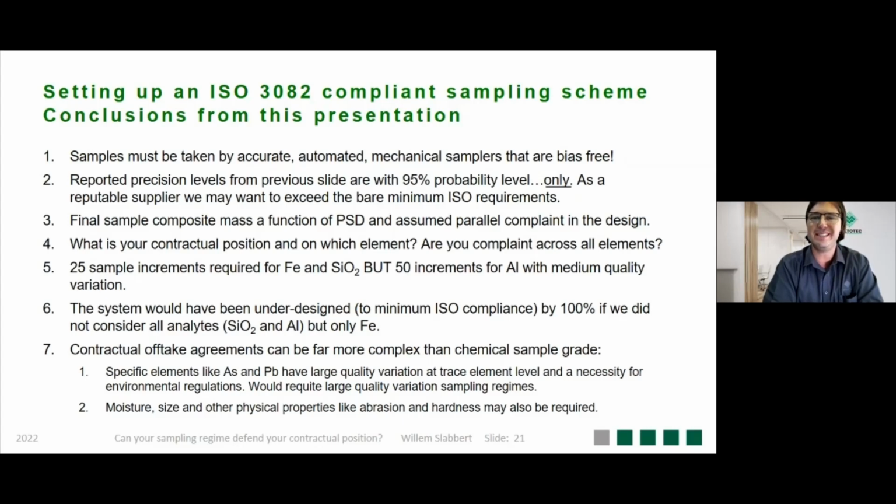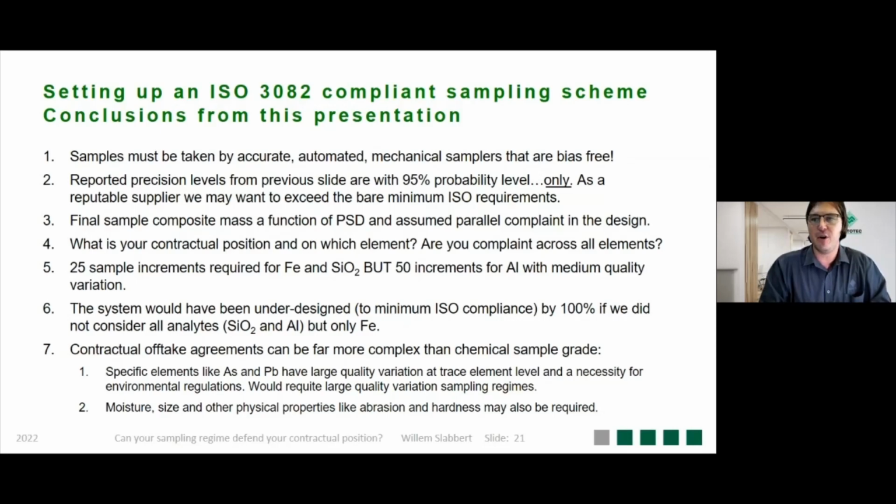Our sampling system and laboratory would have been under-designed by 100%, given that we have to increase our number of primary sample increments from 25 to 50 if we also want to sample aluminum at medium quality variation. But our contractual offtake agreements can be far more complex than the scope of this presentation that covered chemical grade only.